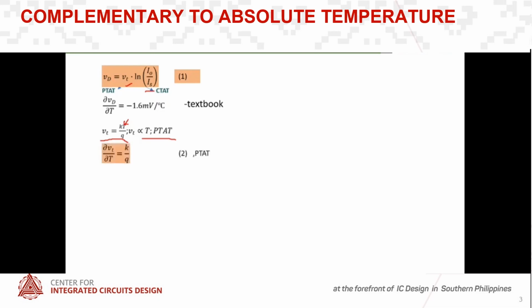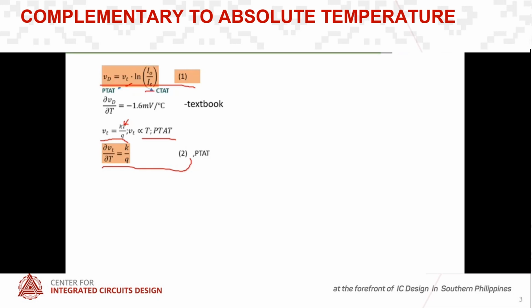We further discuss VT: the partial derivative of VT with respect to T is equal to k over q. This is an important equation which we will use later on. So we're done with the relationship of VT, the thermal voltage, with respect to temperature.